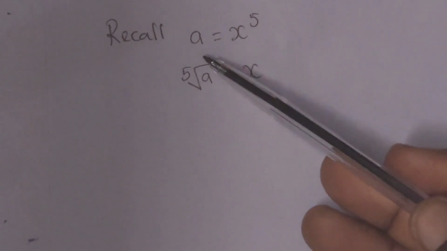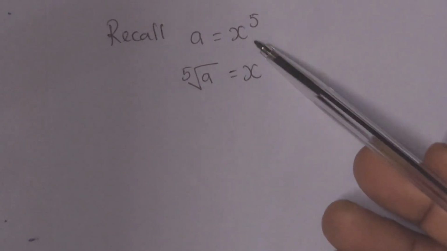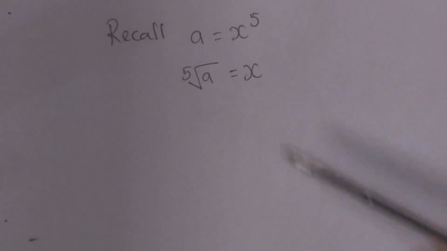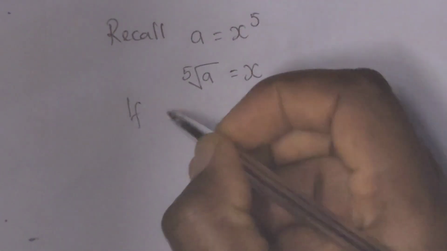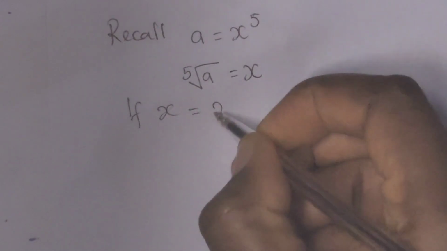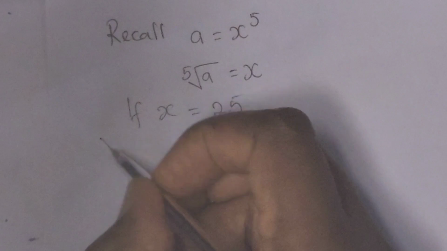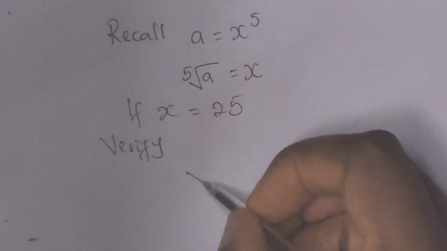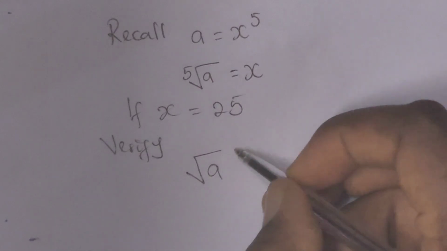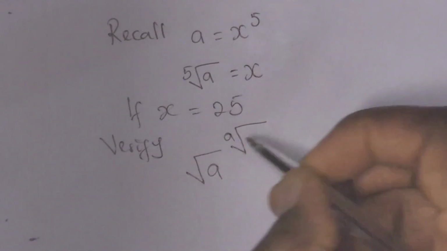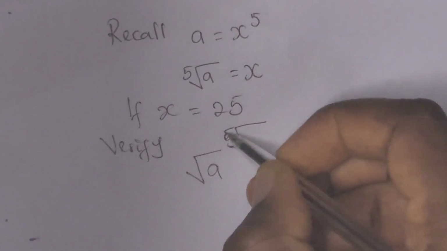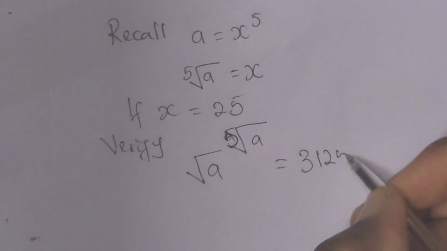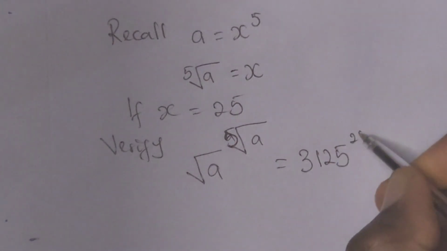Now let's record that our a is equal to x to the power of 5 and the fifth root of a is equal to x. So if x is equal to 25, let's verify the question. We have that root a, all to the power of the fifth root of a, equal to 3125 to the power of 25.